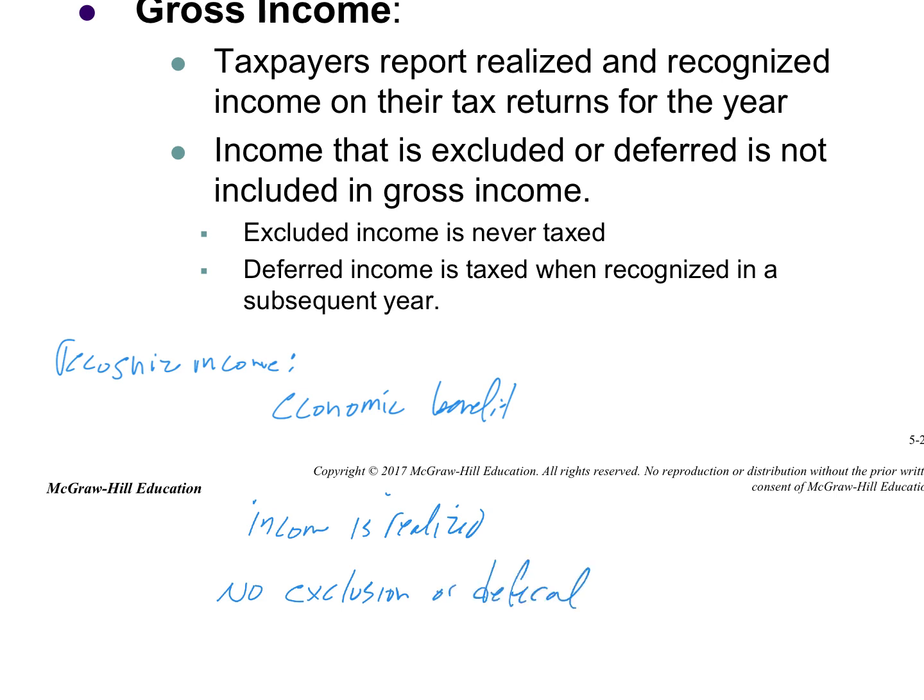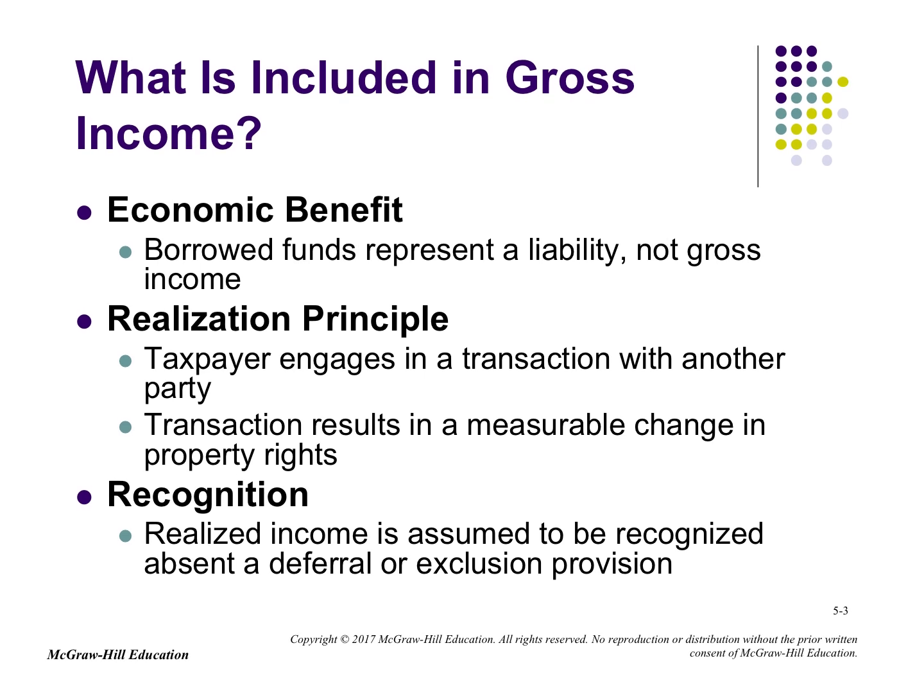You have to recognize income when those 3 things happen. Now, I think it's very important to state that excluded income and deferred income are exceptions. The general rule is if you realize or recognize income, you are going to have a tax consequence to that.